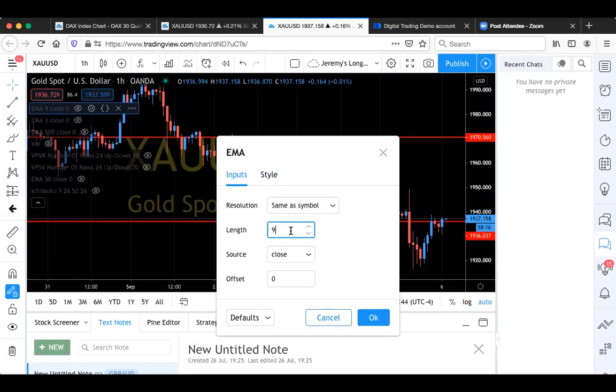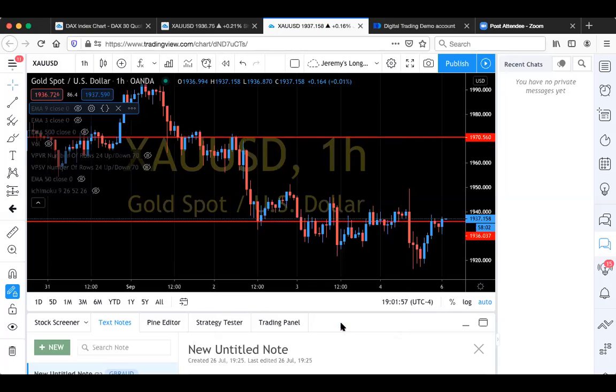So right there, you'll type in 50 if you want to do the 50. You'll type in whatever number indicator you are comfortable trading with, and it'll pop up on here. So this is what it looks like when it pops up.